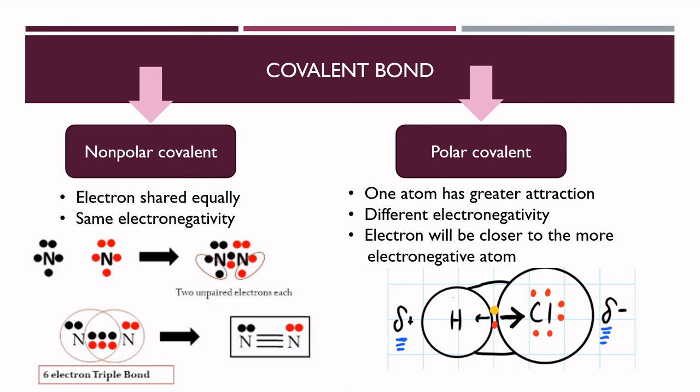Here, Cl is more electronegative than hydrogen. So hydrogen is partially positive and chlorine is partially negative because it is more electronegative than hydrogen.